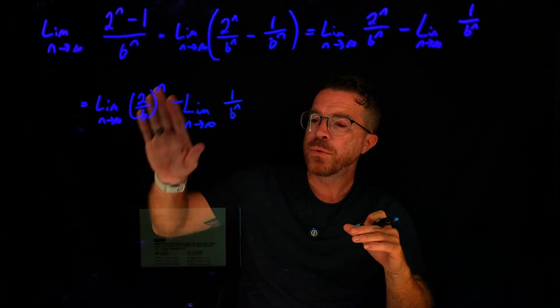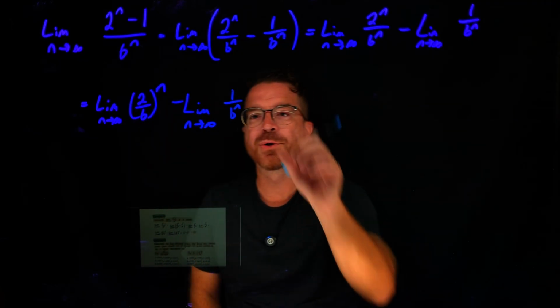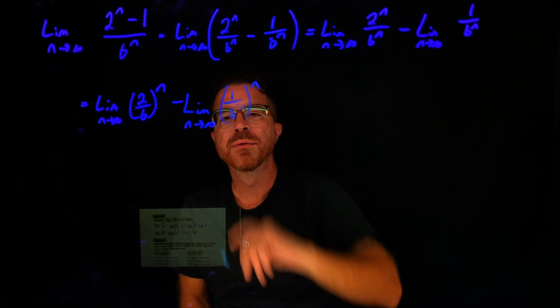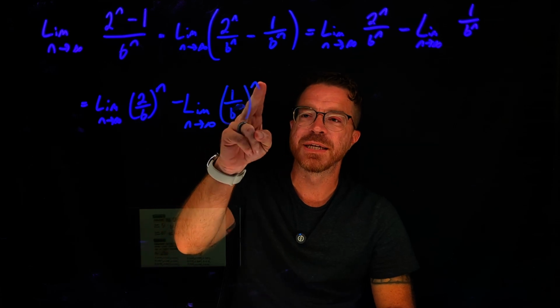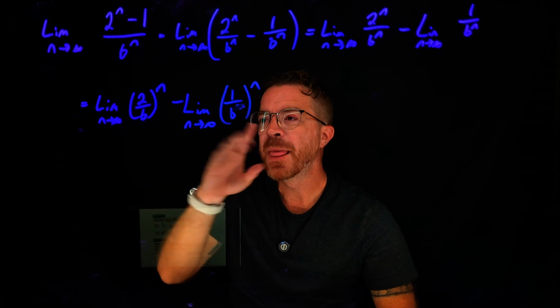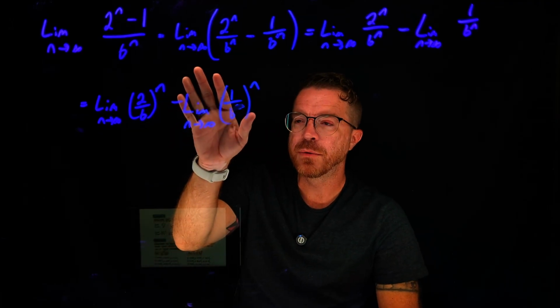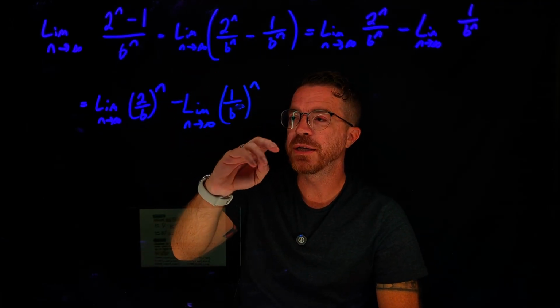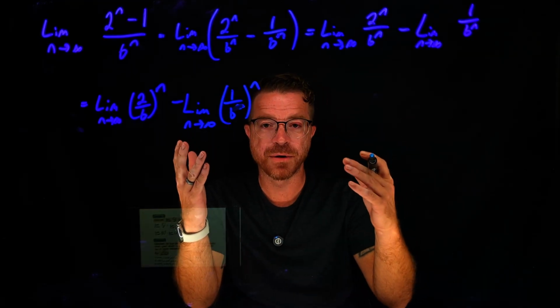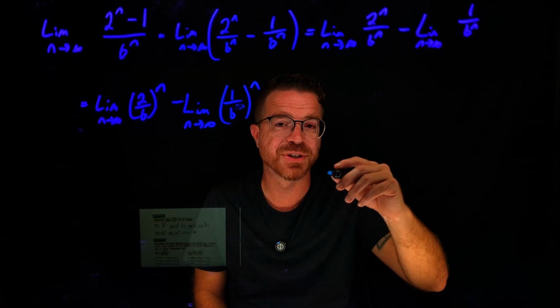Okay, so now that we have both of these in terms of an nth power, because this one could also be considered 1 over 6 to the nth power, because 1 to the nth power is still 1. Now that both of these have this power, what's going to happen with this? Well, it's going to end up being a fraction going up to a power that's getting bigger and bigger. Remember, we talked about that with our geometric sequences.